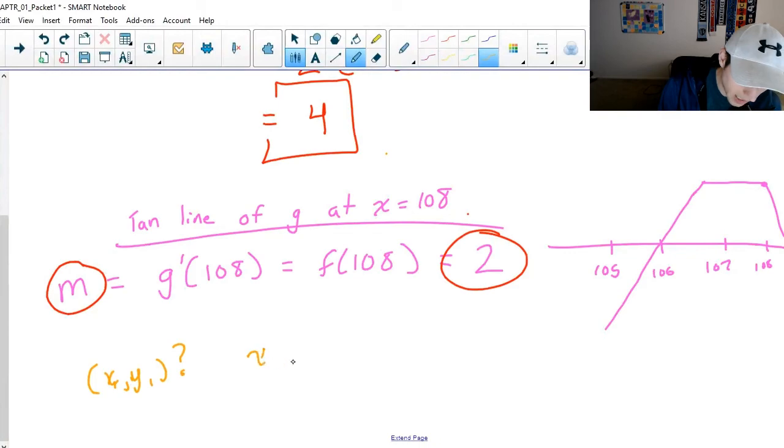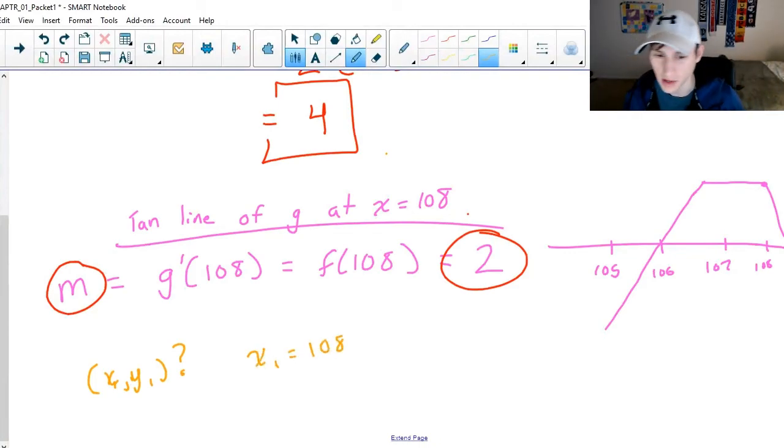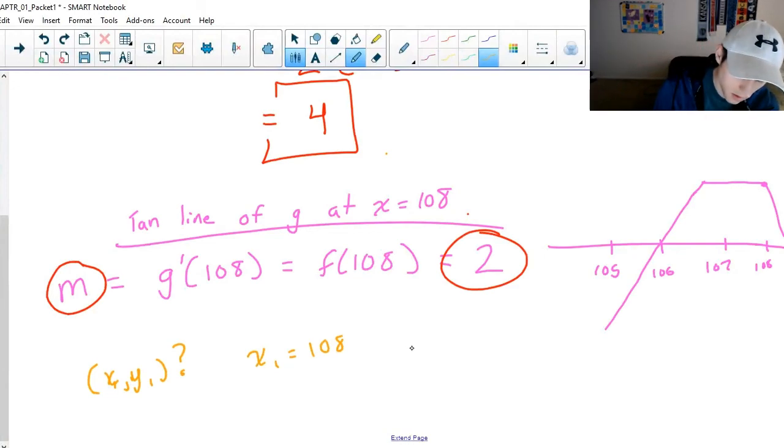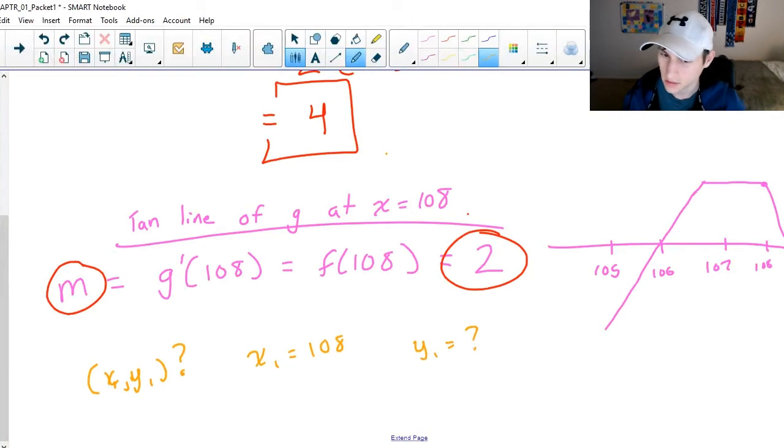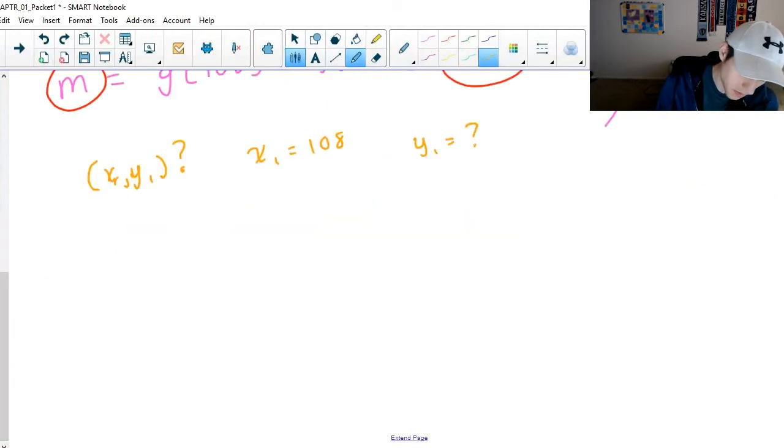I already know my x1. That's 108, the x value we've been finding. So what is the y value? Remember, this is talking about the tangent line of G.